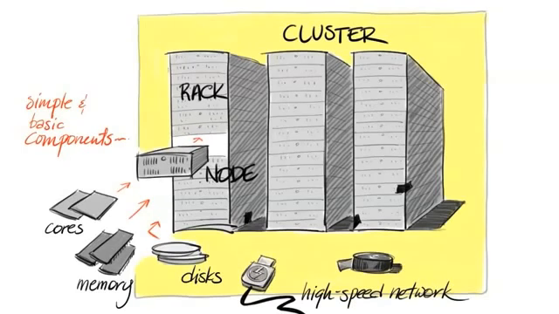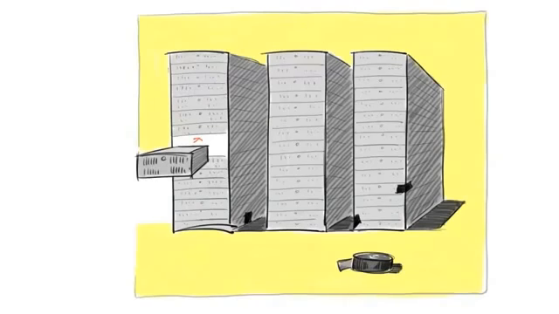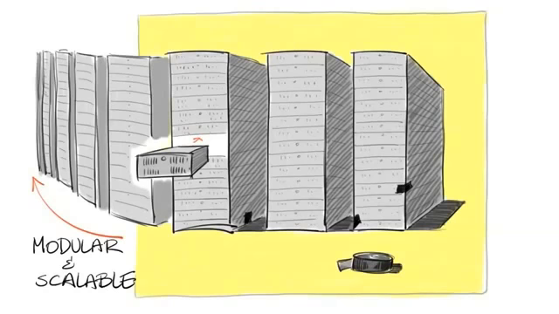It is important to point out some fundamental principles and benefits of a cluster architecture. First, the architecture is highly modular and scales out beautifully. Keep adding nodes and racks, and the capacity keeps increasing.